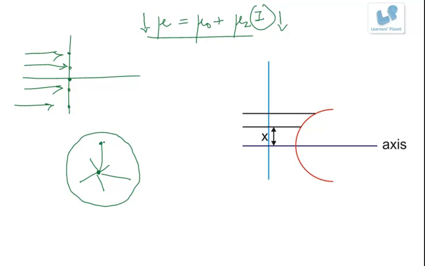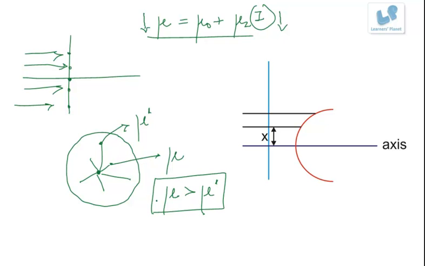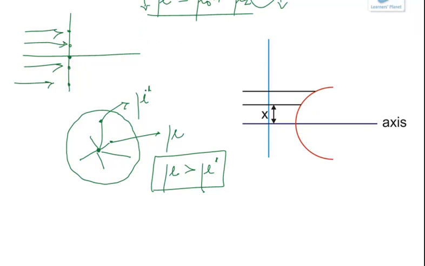So the refractive index at this point, let us say this is mu dash, and at this point it is mu, then mu is more than mu dash. Now if this is the case, then as you move away from the axis by distance x, what will happen? The refractive index here will be lesser.